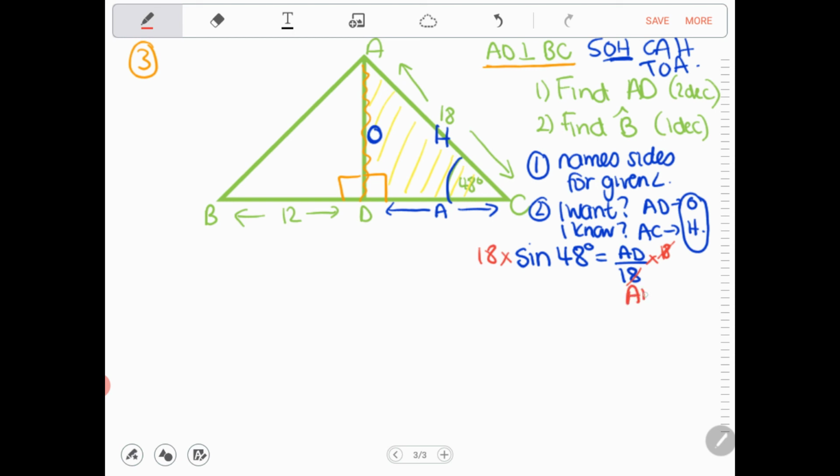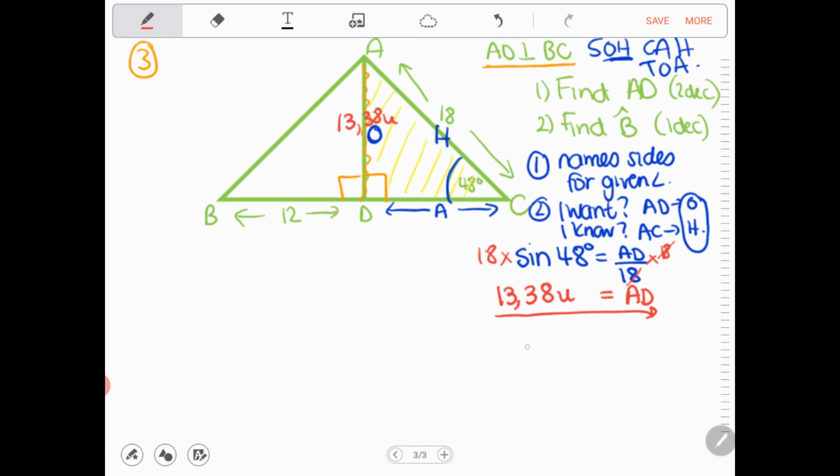So AD is going to end up being 18 times the sine of 48, and we end up with 13,38 units. It says to 2 decimals, so there we go, 13,38. So this side here is 13,38 units.